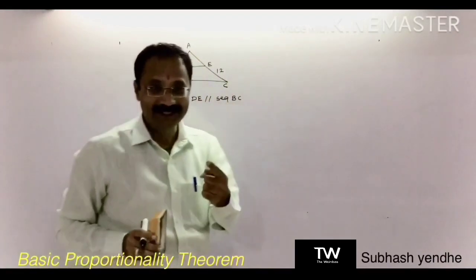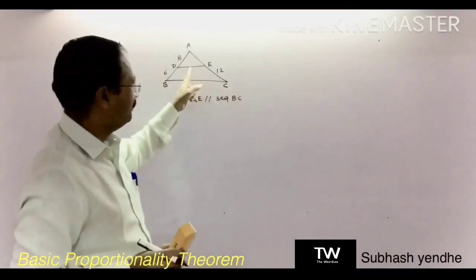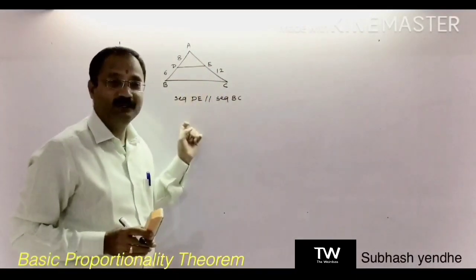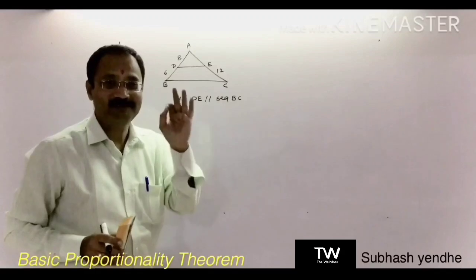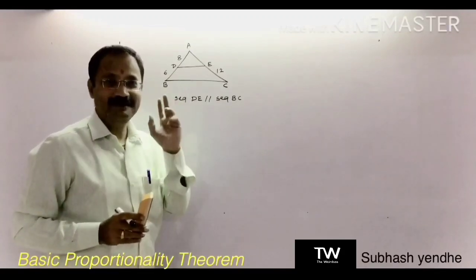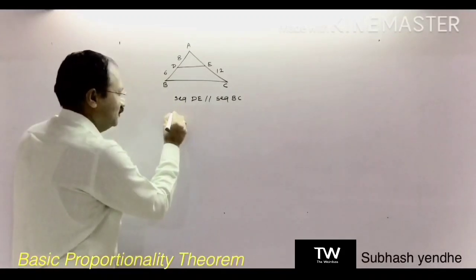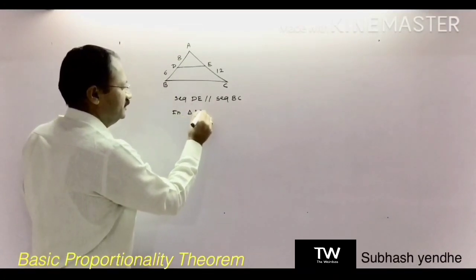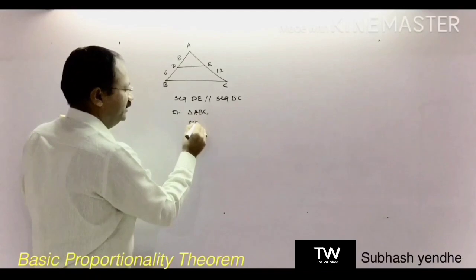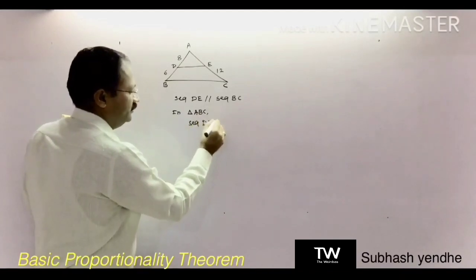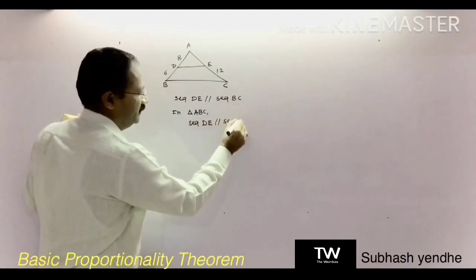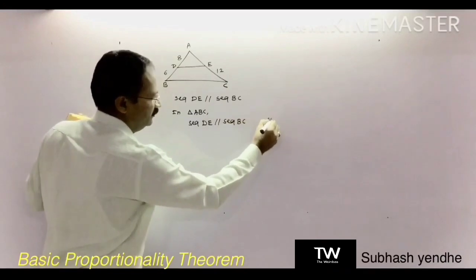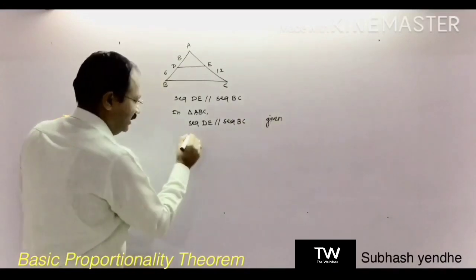I know the trick. The line is parallel, therefore I am going to use basic proportionality theorem, that is called BPT. So first you have to write it. In triangle ABC, segment DE is parallel to segment BC because it is given.